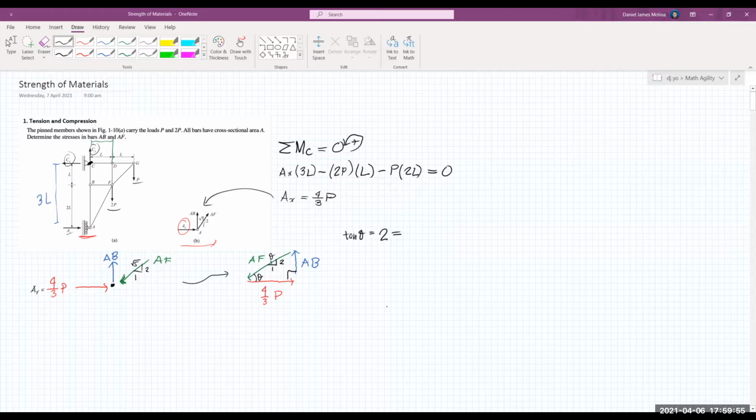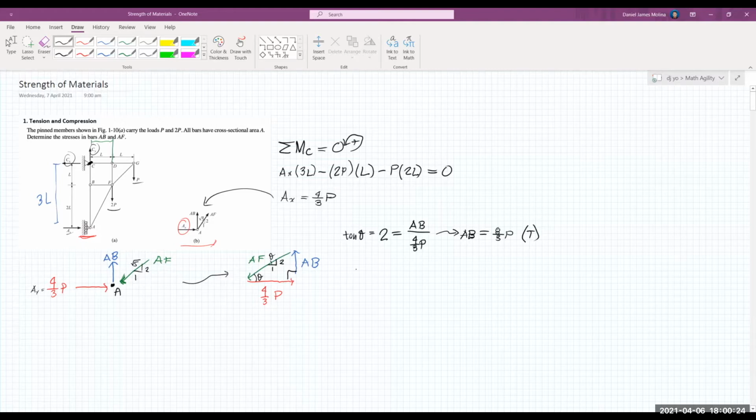And it is also equal to opposite over adjacent, that's AB over 4/3 of P. So from there, we can solve the force on AB that is 8/3 of P, since the direction of the force is going out away from the joint A, then it must be in tension.